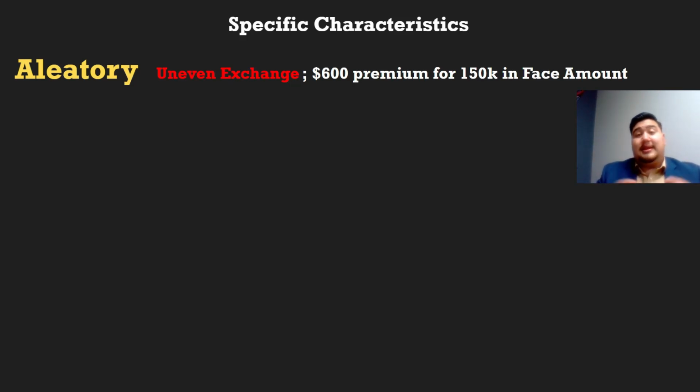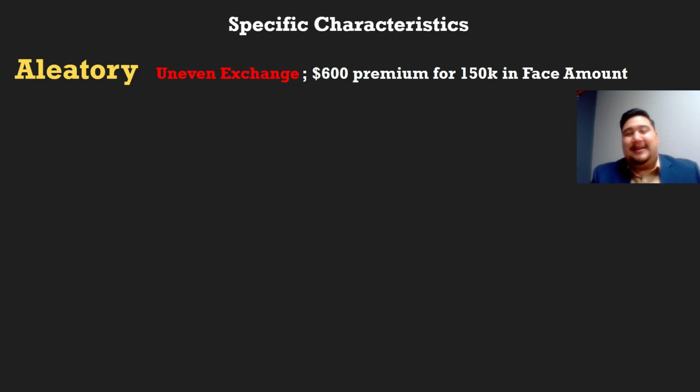So God forbid at the end of the year you pass away, out of your pocket, you gave the company $600 and they gave your family or your beneficiary $150,000. Was that a fair exchange? Absolutely not. That was an uneven exchange. Or the proper name for that is that was an aleatory contract because it was an uneven exchange.